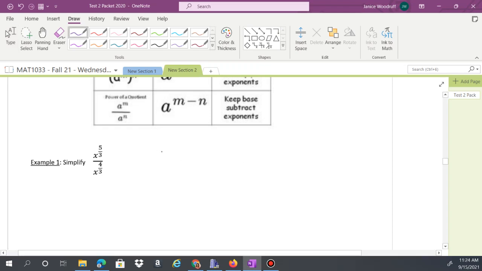So for this, we're going to go 5/3 minus 4/3. So that's pretty simple because they already have a common denominator, so we'll just do 5 minus 4, which will give us 1/3. So then our answer is just x to the 1/3. Now if you flip the page, you will see it gets a little more complicated.